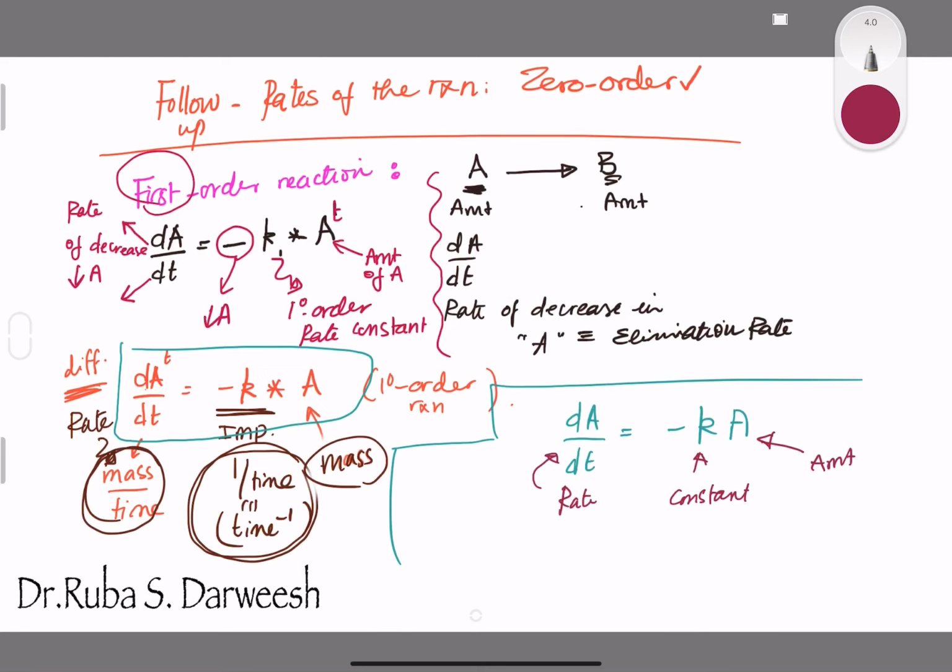If we look at this equation, we can find that the rate is directly proportional to the amount of the drug remaining at time t, at a certain time, because we are talking about a certain time here. It's not constant as in zero order.